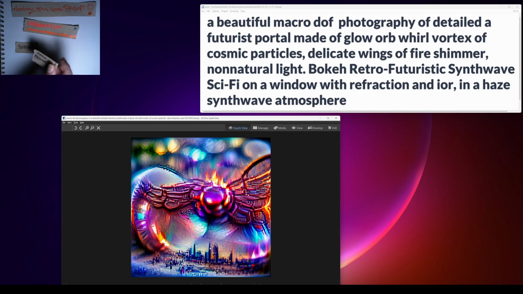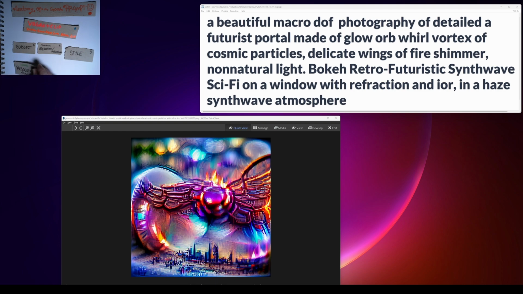And the materials that I was talking about as well are probably the glow, and we have fire shimmering. So that's probably where we get the fire effect and the shimmering effects. And the sci-fi retro futuristic synthwave atmosphere is probably the style, because VQGAN CLIP is more focused on the style, and with style we are talking about, like I said, the artists and stuff like that.